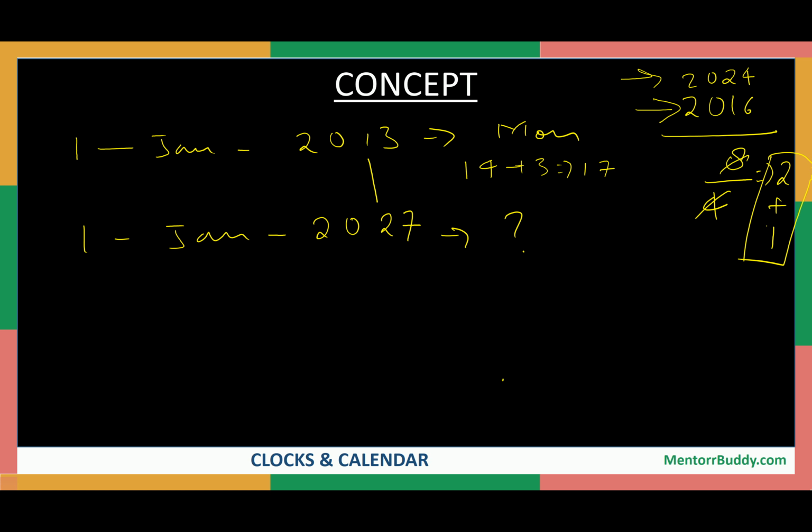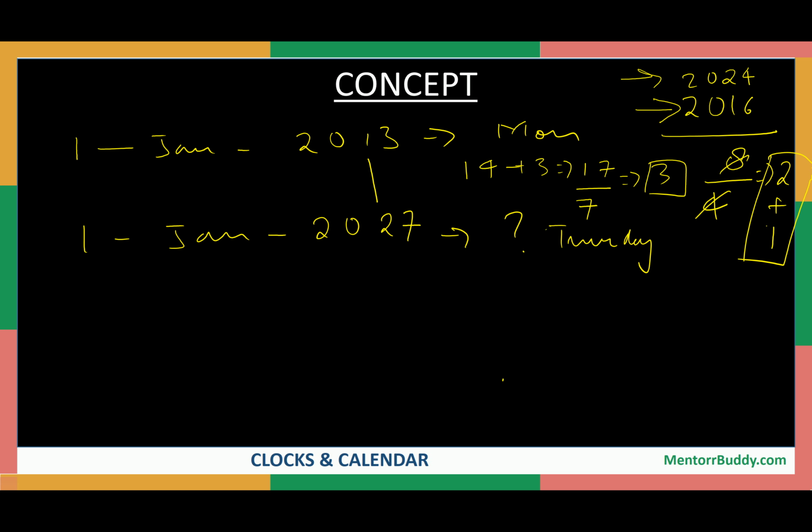We divide by 7 because odd days cannot be more than 6, so we find the remainder with 7, which is 3. We increase 3 days in Monday: Tuesday, Wednesday, Thursday. So Thursday is the answer.